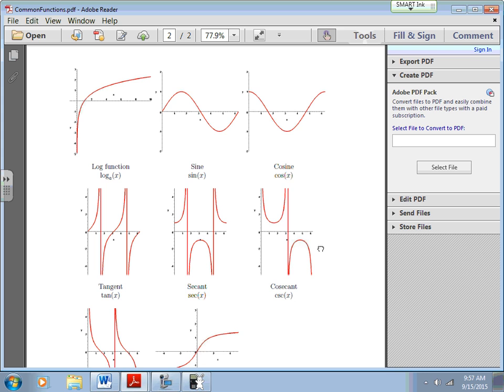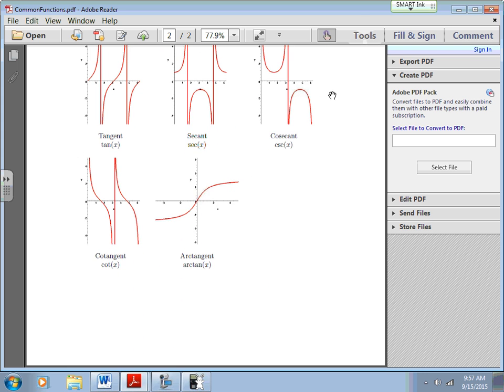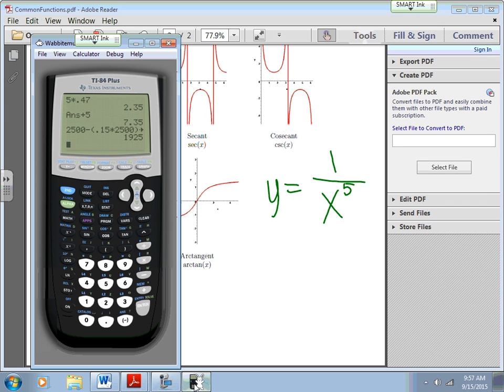Do me a favor, I want to do a graph of an equation real quick. Type this into your graphing calculator: y equals 1 over x to the 5th power. And then we'll get going. Here's that: 1 over the parentheses, x, raised to the 5th power. Oops, delete that.